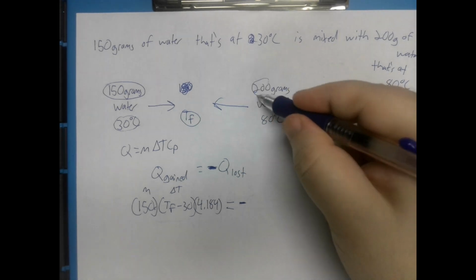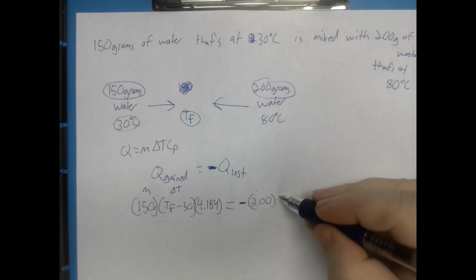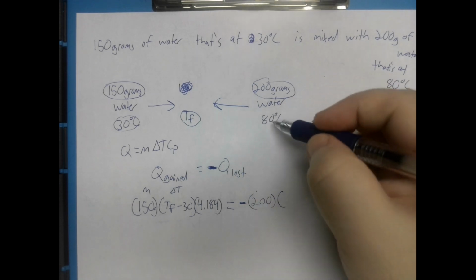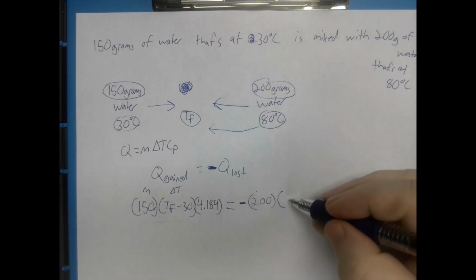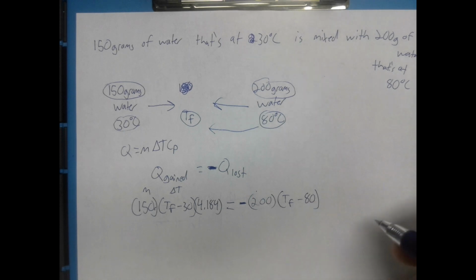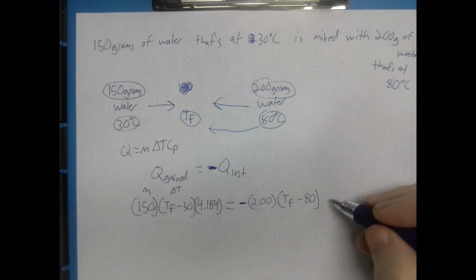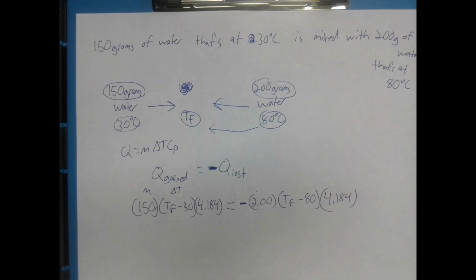On this side, our mass is 200. For change in temperature, we're going from here to here, so final minus initial. And CP for water is still 4.184. A lot of people set this up correctly, but didn't do the math.